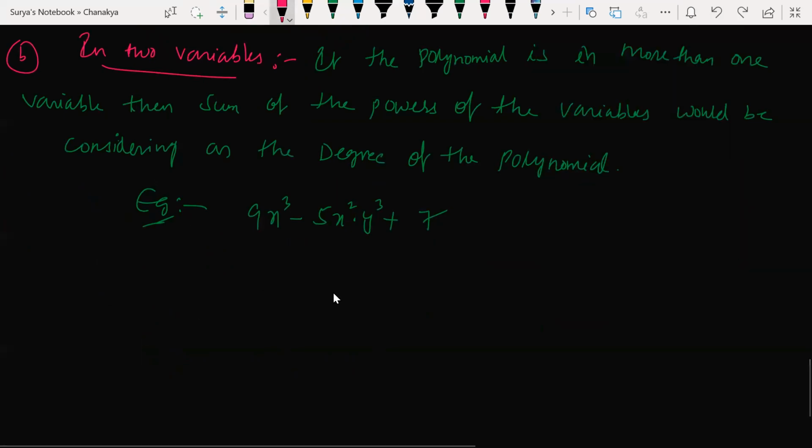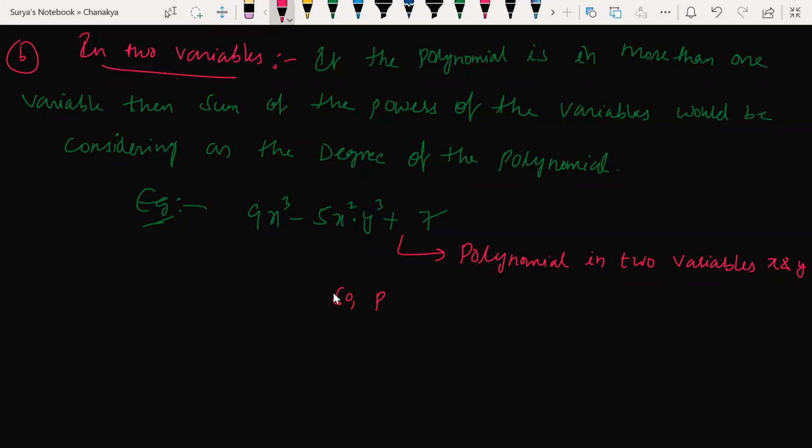So the degree is what now? Degree is 5. Degree is equal to 5.